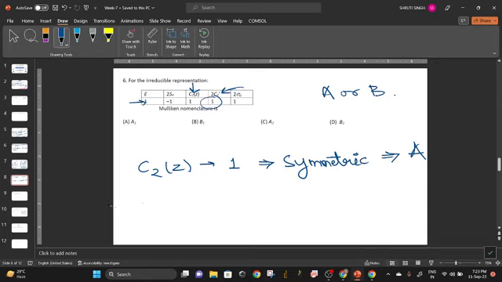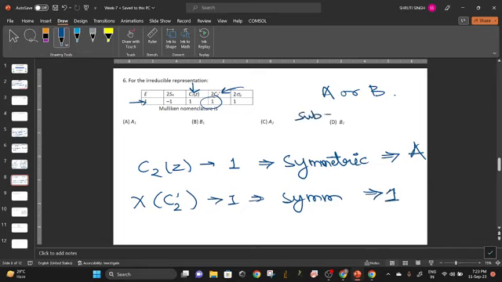The short form to write this is 1, which means it is symmetric. So the subscript is 1 or 2: 1 for symmetric and 2 for anti-symmetric. The subscript is 1 here, so the total Mulliken symbol becomes A1.